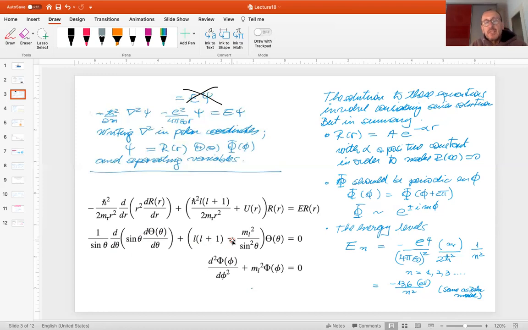So the series needs to end at one point, and the need for the series to end requires that this constant that I use here should be written in this way, because otherwise the series will not end. And this is also a separation of variable constant between the r and the theta. So that's why the L and L plus 1 appears in this equation and in that equation. Okay.